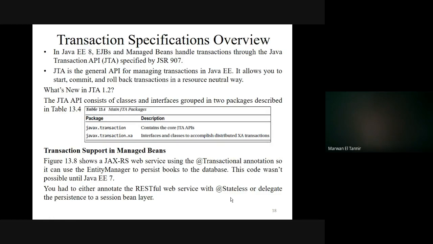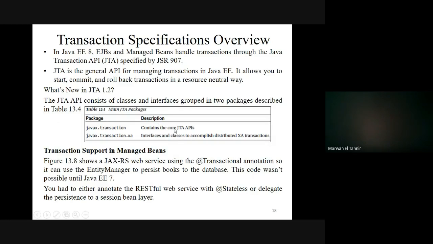Transaction specifications overview. Finally, the JTA API consists of classes and interfaces grouped in two packages. We have javax.transaction and we have javax.transaction.xa. What is the difference between the two?